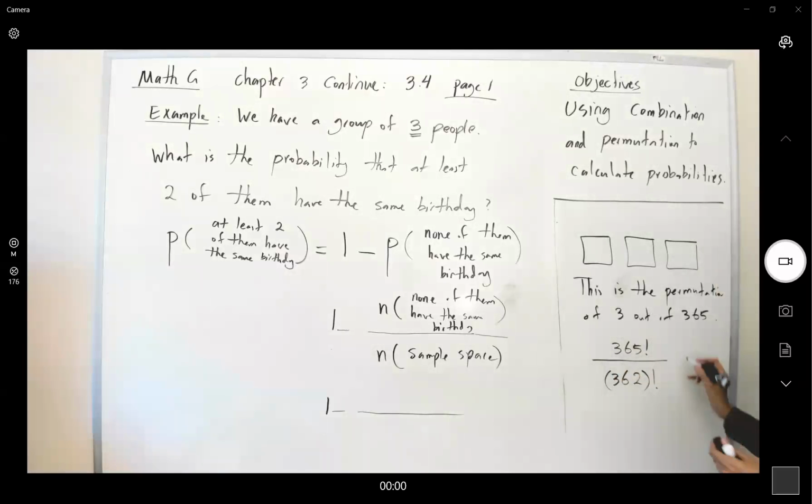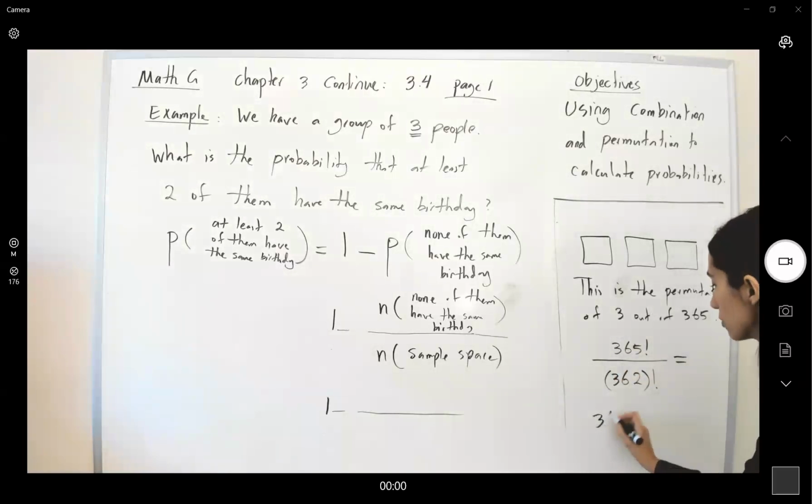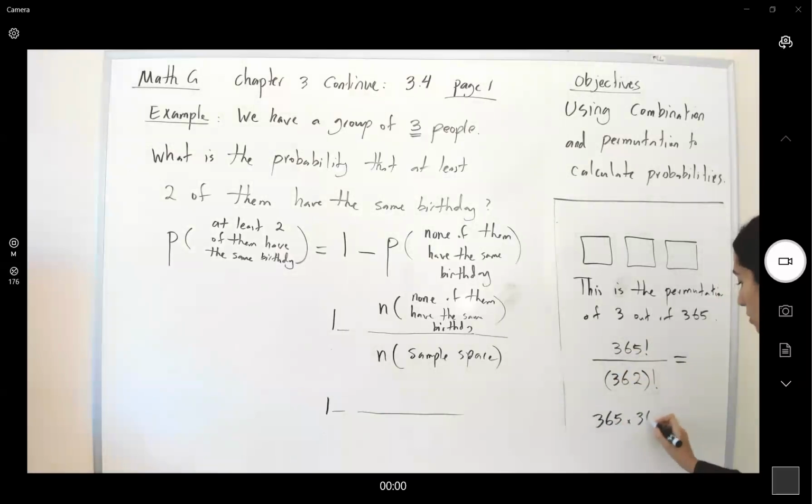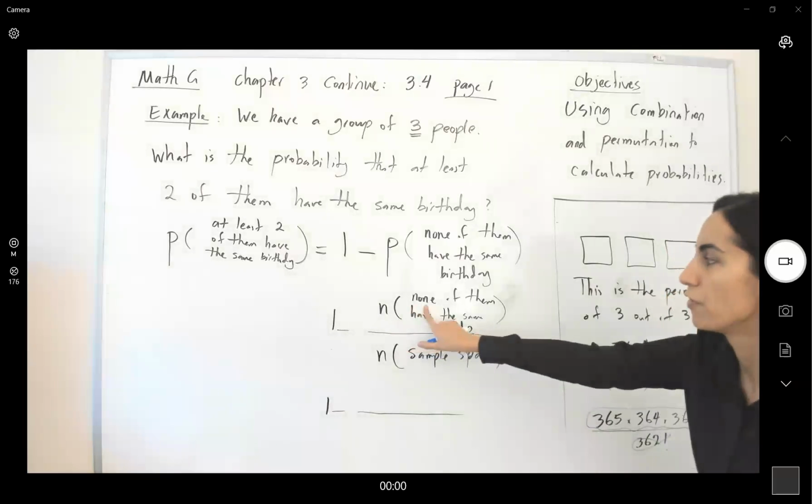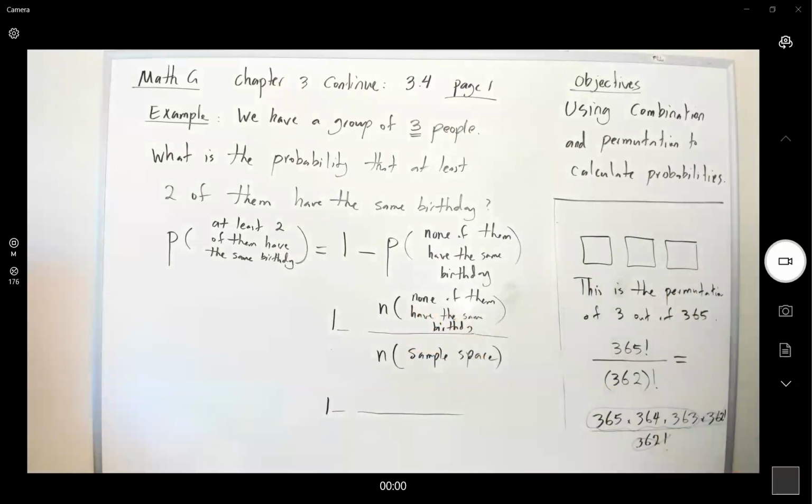Can we simplify this? Yes, this is equal to 365 times 364 times 363 times 362 factorial divided by 362 factorial. Remember that you have common factors, so you can get rid of them. The multiplication gives you n of none of them share the same birthday.